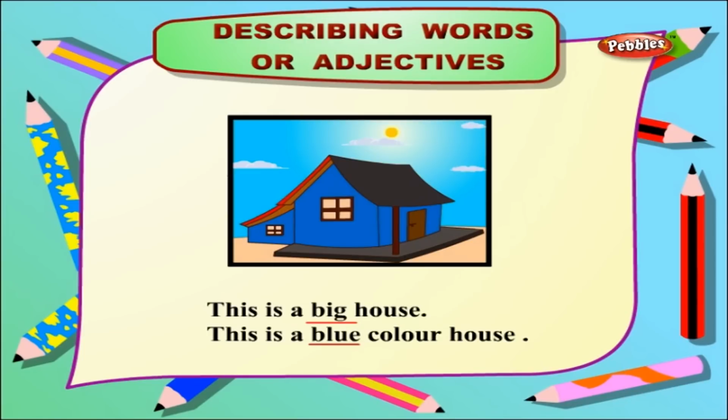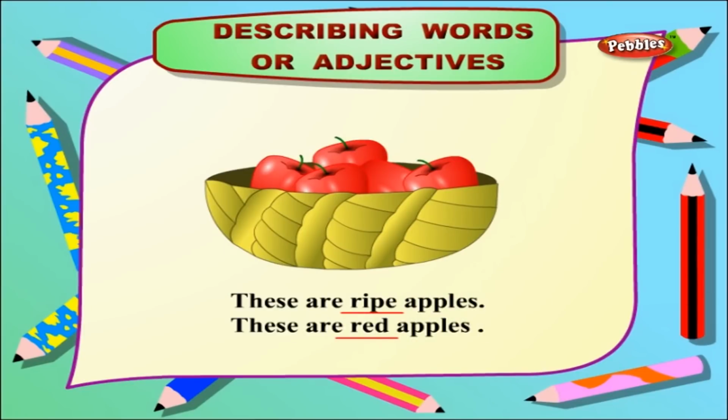Here, the words big and blue are the adjectives. These are apples. You can describe them by saying, these are ripe apples, or these are red apples. The words ripe and red are the adjectives.